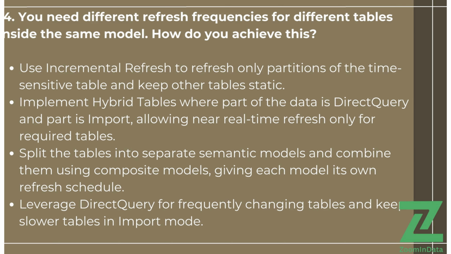Implement hybrid tables where part of the data is direct query and part is import, allowing near real-time refresh only for required tables. Split the tables into separate semantic models and combine them using composite models, giving each model its own refresh schedule. Leverage direct query for frequently changing tables and keep slower tables in import mode.